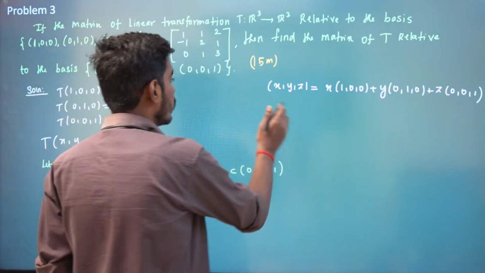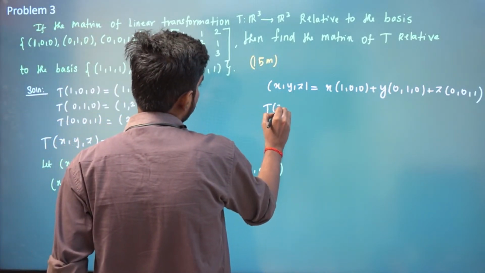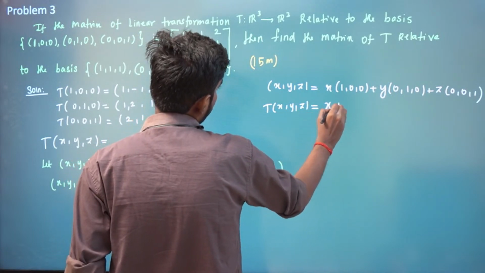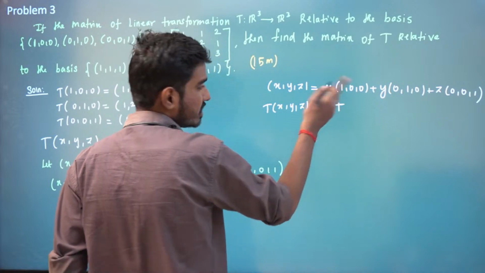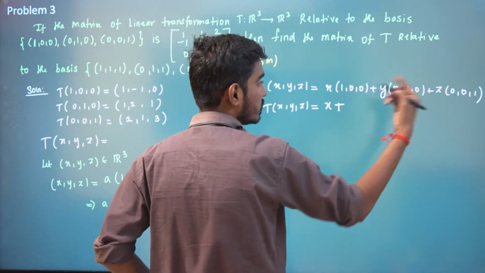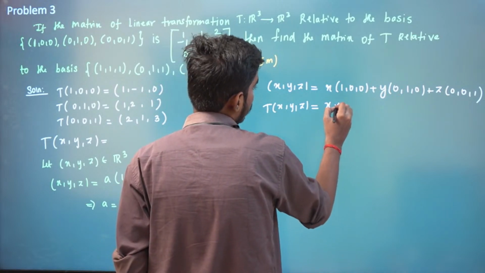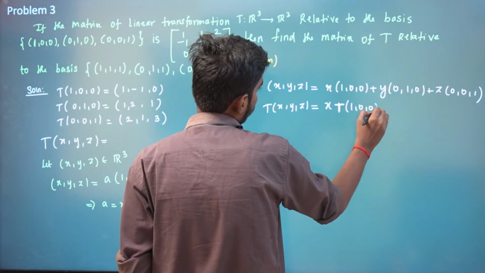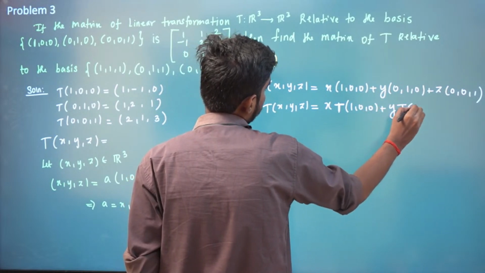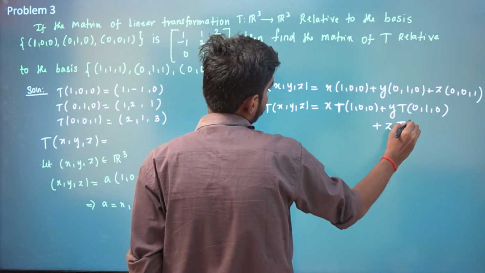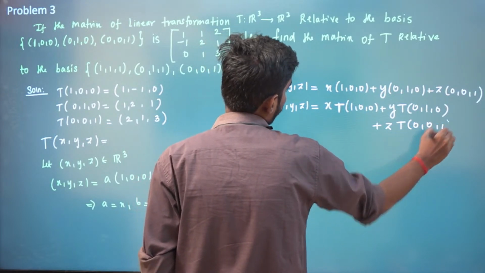Okay. Now you take T on both sides. So T of (x, y, z) is given by, T satisfies the scalar property. You can take x outside because x, y, z are numbers only, right? So x times T of (1, 0, 0), plus y times T of (0, 1, 0), plus z times T of (0, 0, 1).